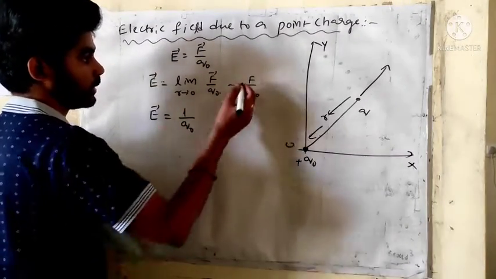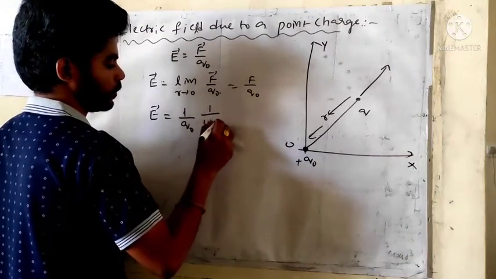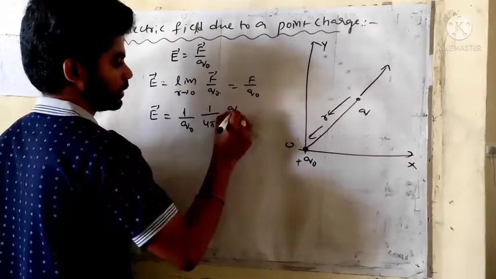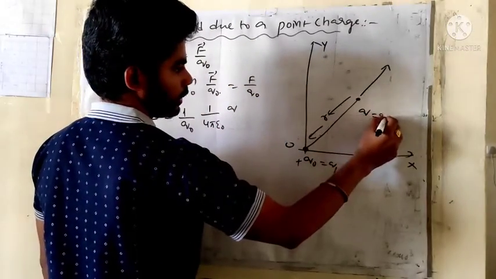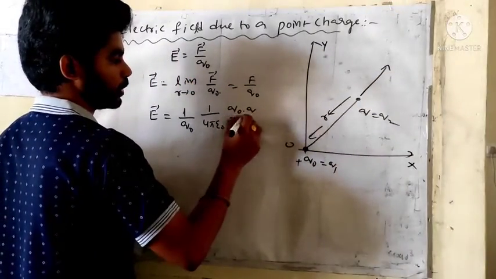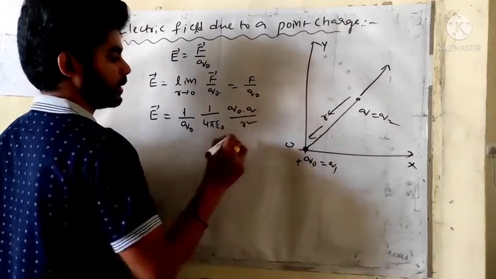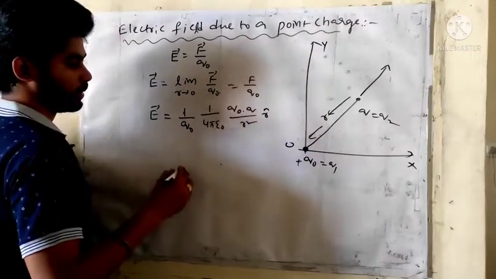What is the F value? Coulomb's law formula is 1 by 4 pi epsilon naught Q1 Q2. Let us consider this is Q1 and this is Q2, so Q naught into Q by distance R square, multiplied by a unit vector.